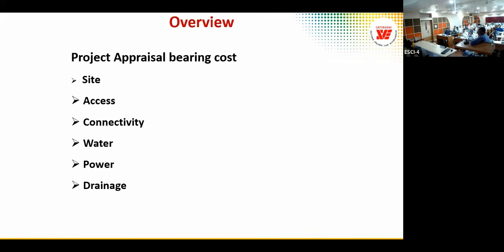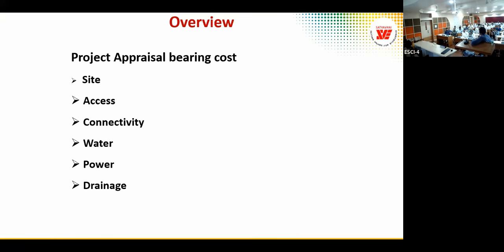So the issues that have a bearing on the cost when we are doing the appraisal are the site location, site conditions, access to the site, and the connectivity of the site. Normally the accepted practice is that the nearest railhead is taken, and from there the lead is added. We calculate the lead. Water availability and water cost have to be considered.